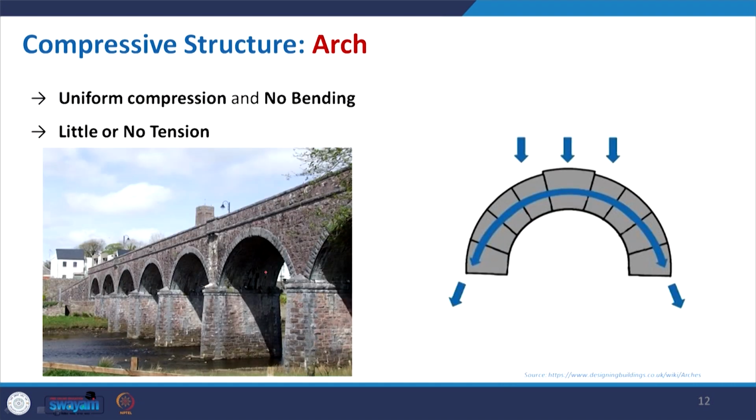Coming to the arch, it is a very useful structure, and the use of the arch is spread across various types of construction. Here you can see it used for a bridge, and in many historical buildings it has been used to create a huge door or sometimes a corridor.